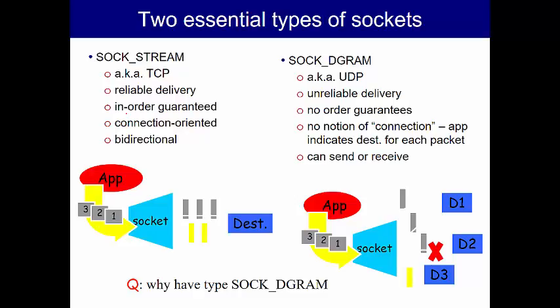Socket stream is so-called TCP. Socket dgram is so-called UDP. When you send data, depending upon the application, you choose one or the other.